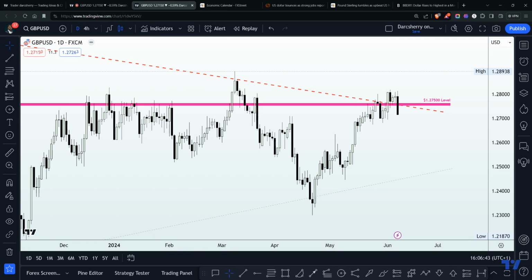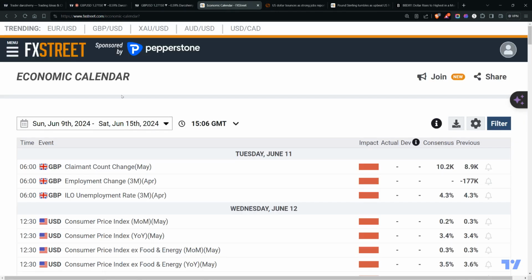Now, by monitoring the economic calendar, we tend to pinpoint potential correlations between key economic releases and specific technical patterns on the chart, thereby giving us some information and, most importantly, timing to position ourselves for the next move.